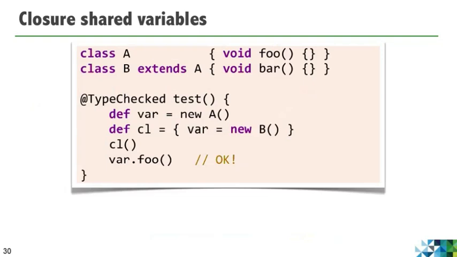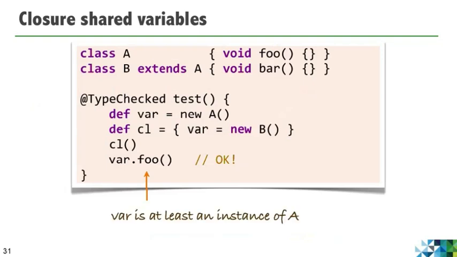But for example, for the case where you have A and B, and class B extends A, if you assign A an instance of A and then later on assign an instance of B, you know that at least the variable will contain something which is of type A or a subclass of A. So if you want to call method foo, since it's on the base class A, you are allowed to do that, and the static type checker will be happy and it will not complain.